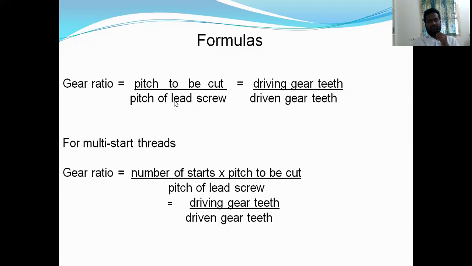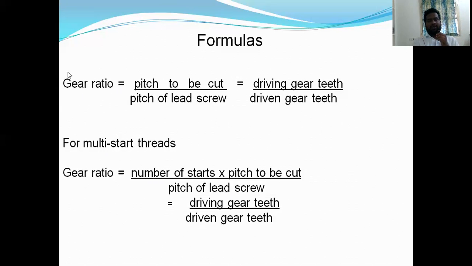The only new term attached in this formula is the number of starts, because it is for multi-start threads. Because we are going to produce multi-start threads, for that reason we calculate the gear ratio as number of starts times pitch to be cut by pitch of lead screw, equal to driving gear teeth by driven gear teeth.